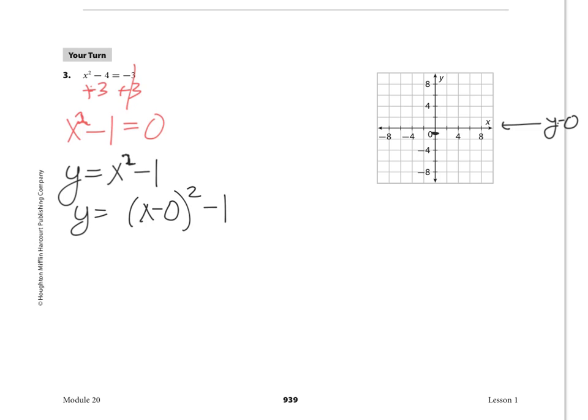When you do second trace, calculate number 2, I think it is, zero again, the first thing it's going to ask you is left bound. What does that mean? Well, on your graph, you've got to do this 2 different ways. Left bound for this one is here, because it crosses the x-axis right here. So you've got to pick a point on the graph to the left of where it crosses.